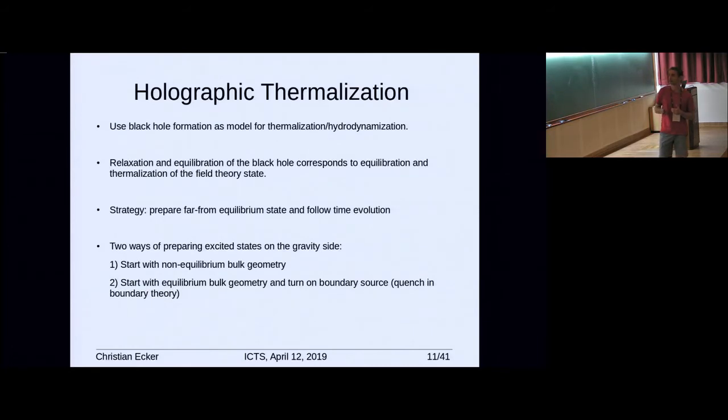Another way is the so-called boundary quench, where you start with a non-excited state in the bulk, and you turn on some sources in the boundary, which then generate this excitation in the bulk, and you follow the time evolution in that way.